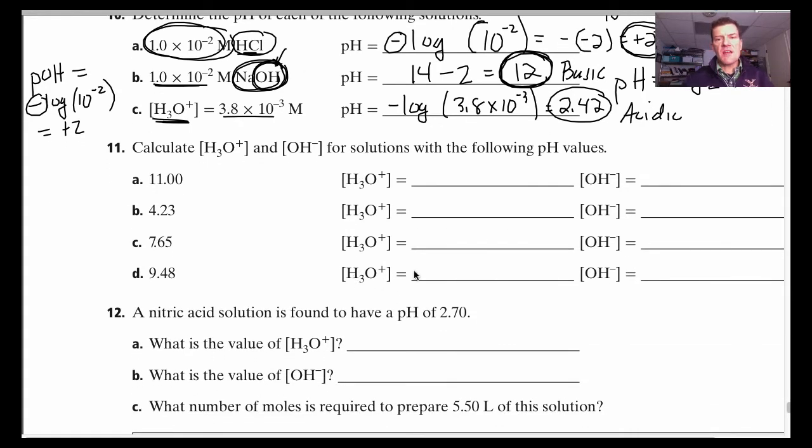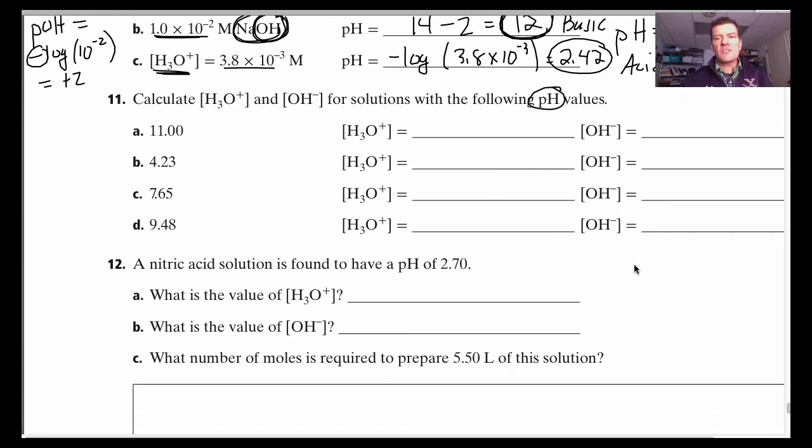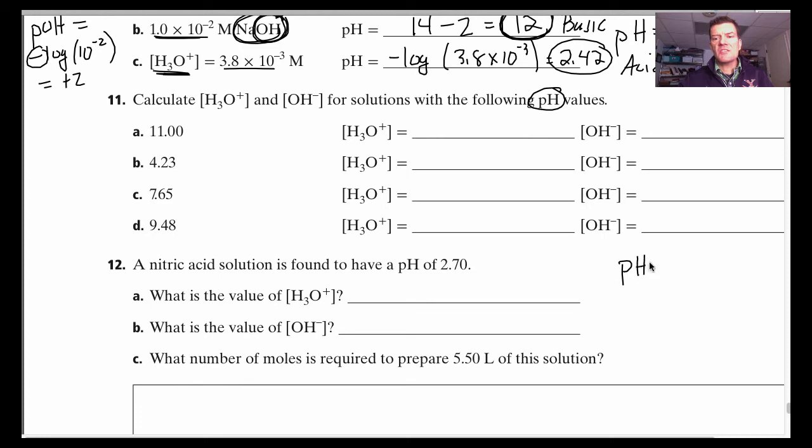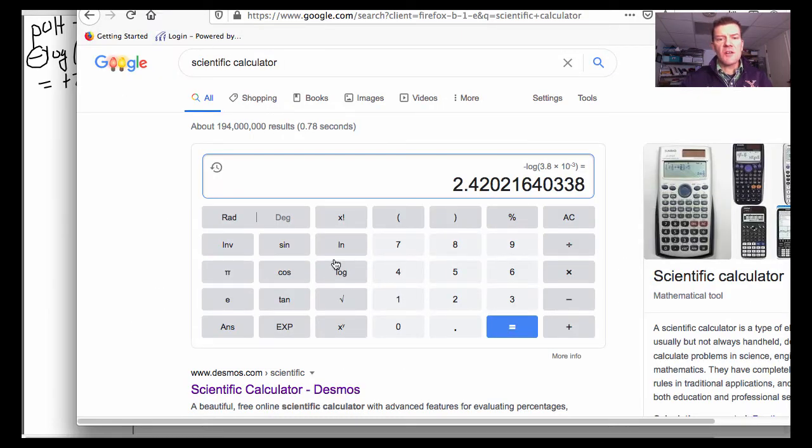All right, now this time you are going to be given the pH value. So remember, pH is negative log of the concentration of the hydronium ions. But if you know the pH, you want to find the concentration, and it is going to be 10 to the negative pH. Because remember, look back here at your calculator. See the log button?